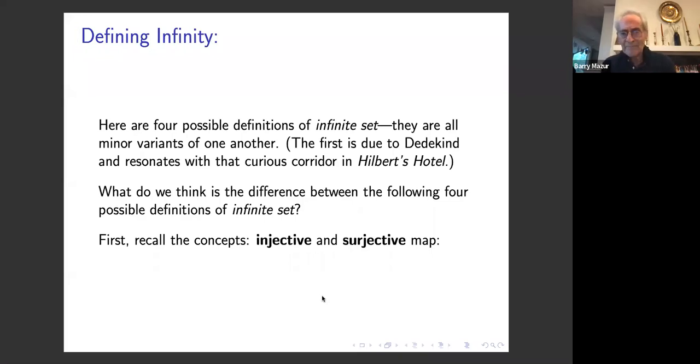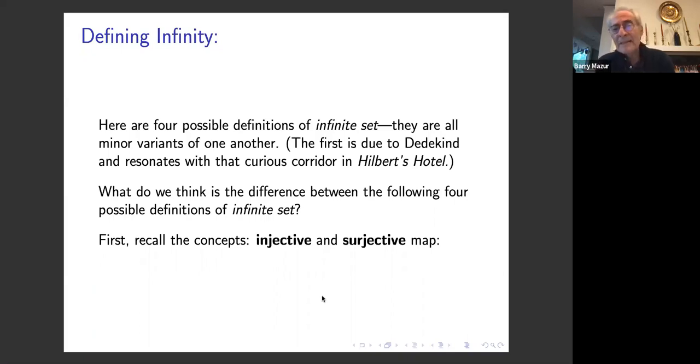Now that is a clear indication that Hilbert has infinitely many rooms in his hotel. But we're back to the question of what does it mean to be infinity?